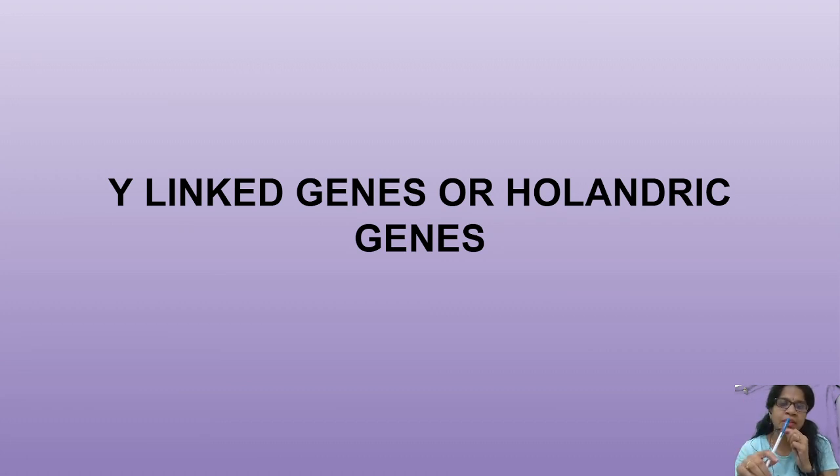The genes that are present on the non-homologous part of the Y chromosome are called Y-linked genes, or Holandric genes. You are pretty well aware of the structure of the chromosome.